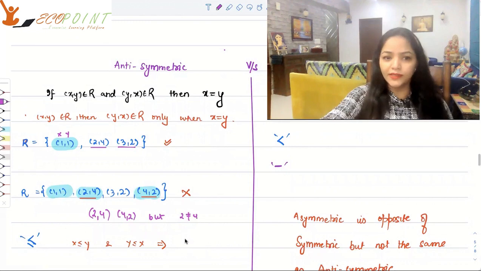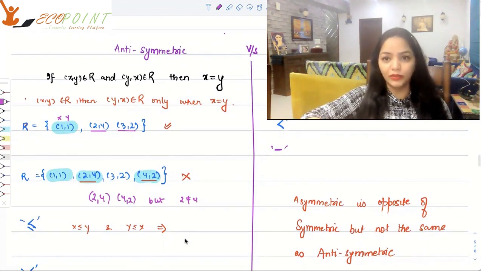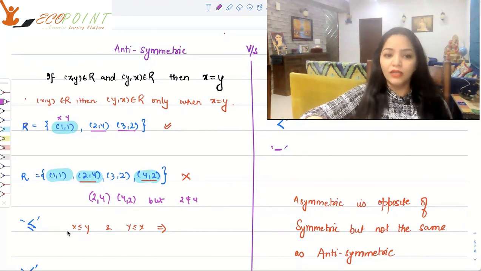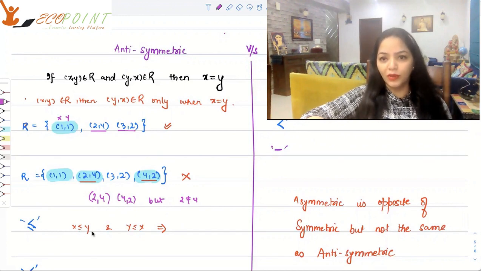Similarly, I'll give you an example of, say, less than or equal to. Is less than or equal to an antisymmetric relation? Now, suppose we have natural numbers, x and y belong to N, and x is less than or equal to y and y is less than or equal to x.